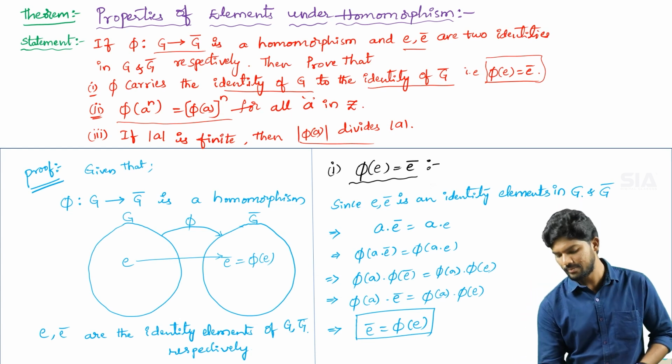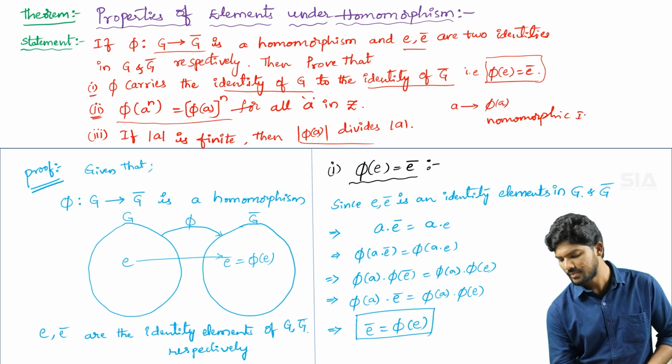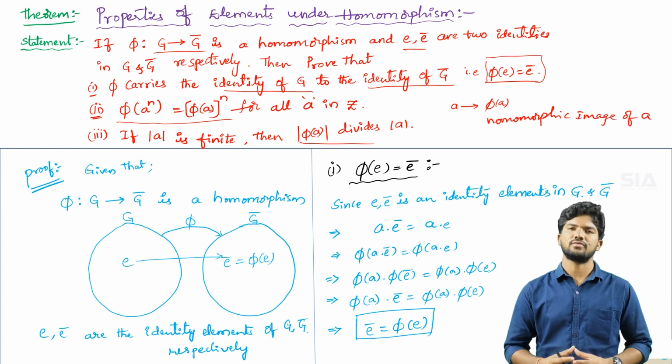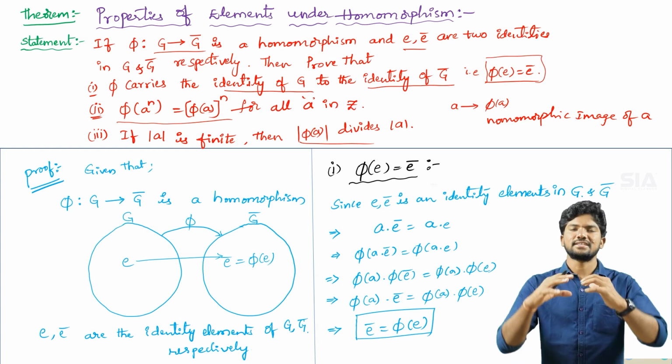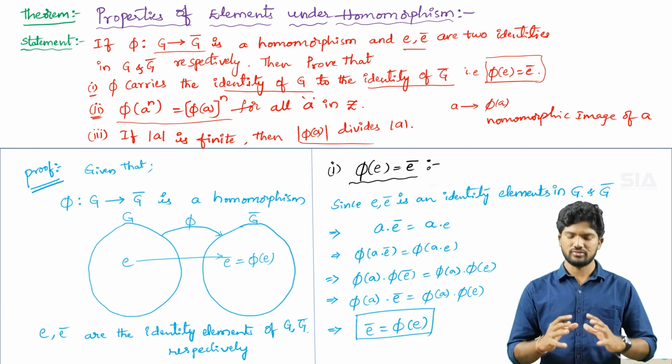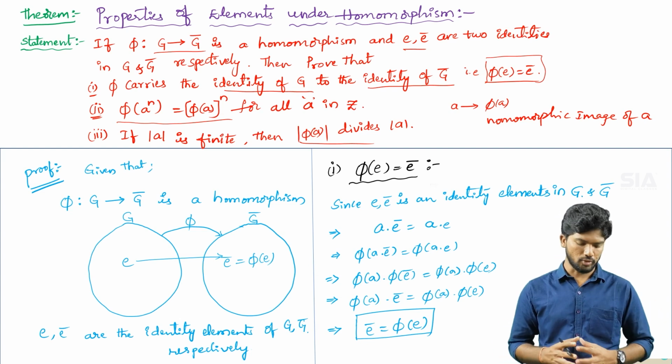It is the homomorphic image of an element. A is an element; if you write phi of a, you have to call it the homomorphic image of a. The order of the homomorphic image of a divides the order of the element a. These are the first 3 properties of group homomorphism.